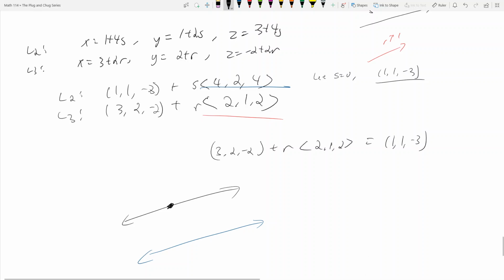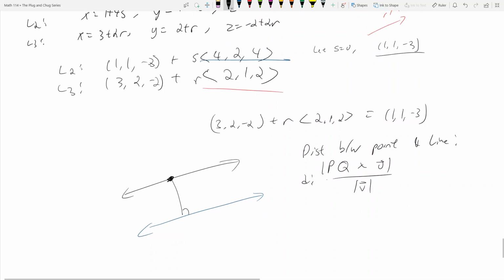I can just take a point here and find this distance. And remember the formula for the distance between a point and a line is the magnitude of PQ cross V over the magnitude of V.